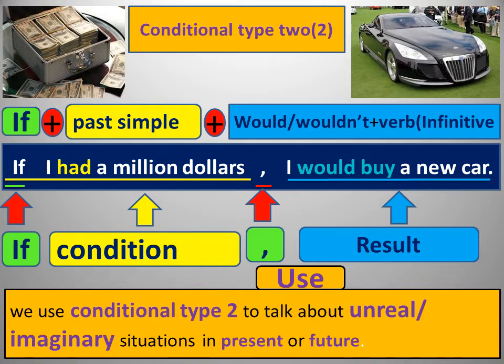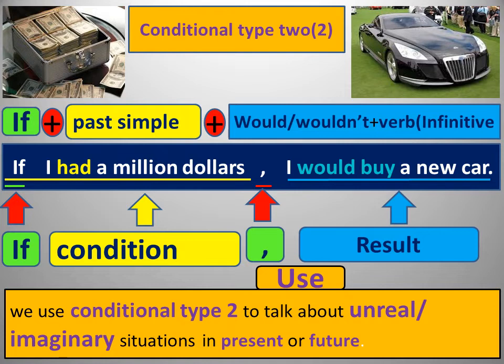So it means here, let's imagine if I had $1 million. Just imagine. In reality, in fact, I don't have $1 million. But imagine I have $1 million. The result would be what?